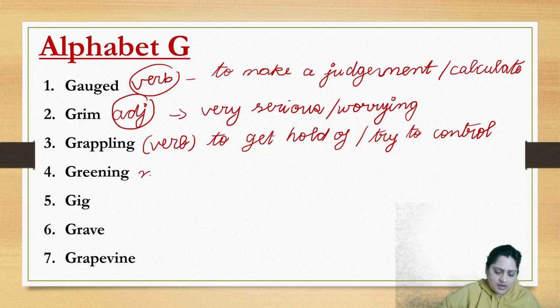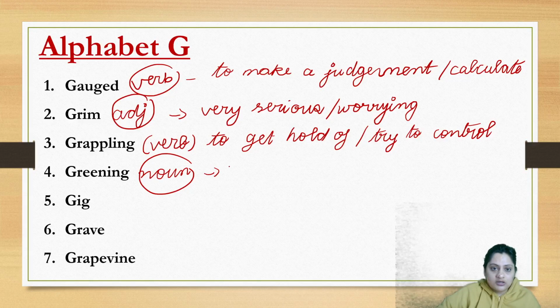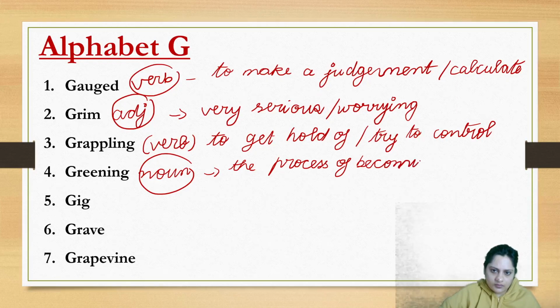Greening is used as a noun word actually. This is the latest word which talks about the process of becoming more active about protecting the environment.